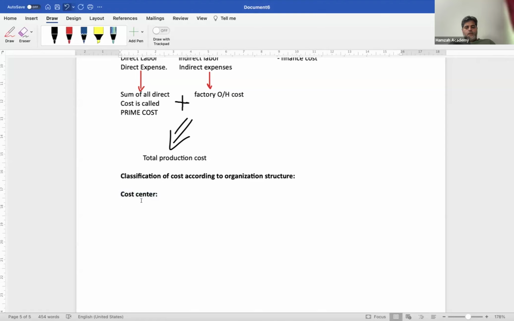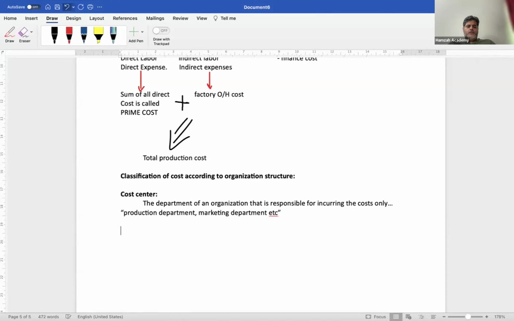Now, cost center is the department of an organization that is responsible for incurring the costs only. That is the production department, marketing department, etc. They are where we incur the cost and the cost only, and these departments are only responsible for the costs which they are incurring.